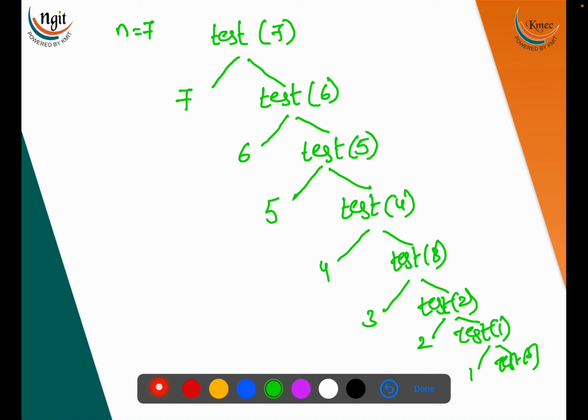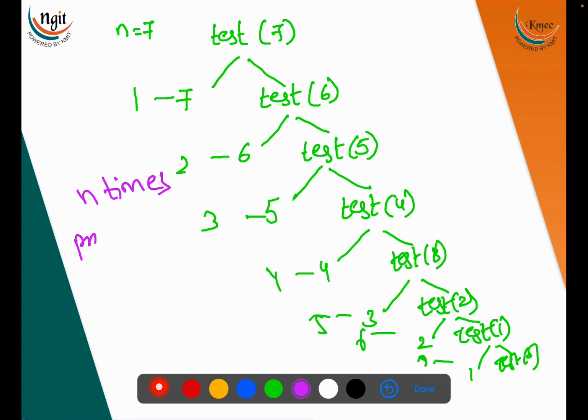Now look at how many times the print statement has executed: 1 time, 2 times, 3 times, 4, 5, 6, 7. The printf statement, which takes 1 unit of time, is called 7 times, that means n times.